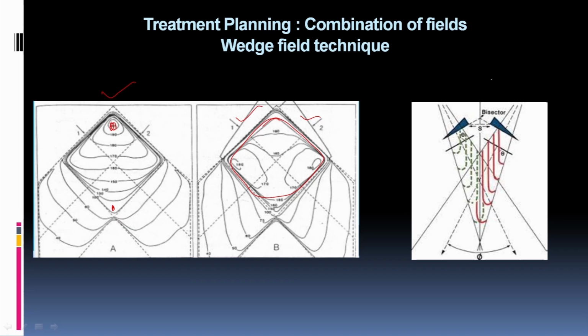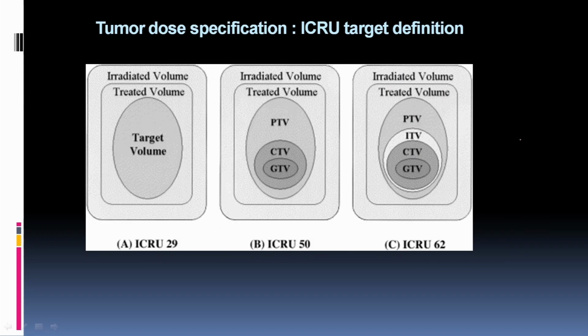And here this diagram is shown for better understanding, where two OHs are separated by an angle, and this angle is known as the hinge angle, and this hinge angle decides which angled OH is required to make this target volume a uniform dose distribution. Now, coming to the tumor dose specification, they are defined by the ICRU.